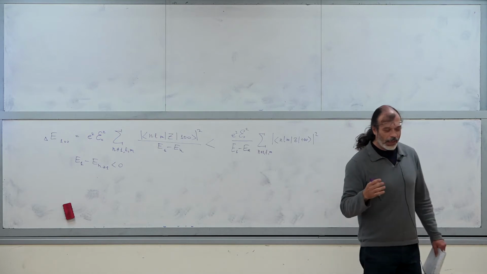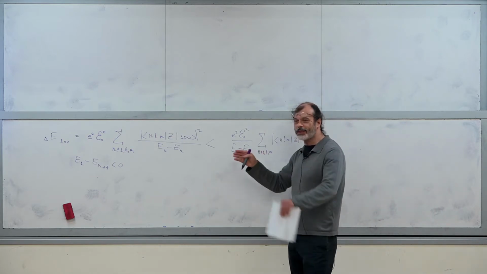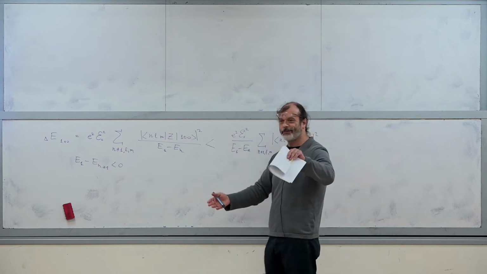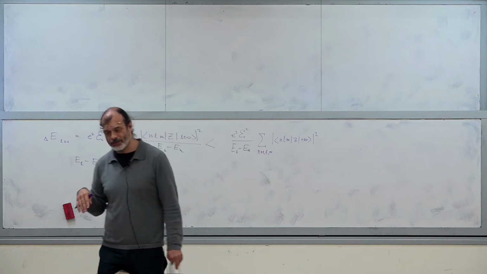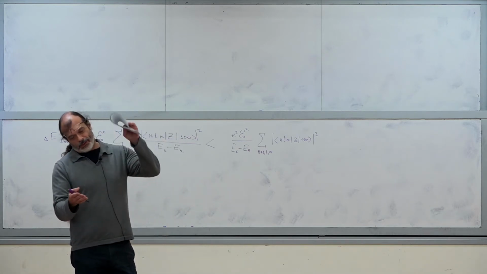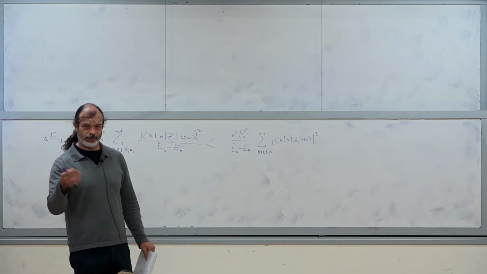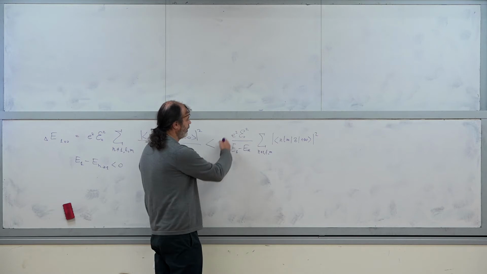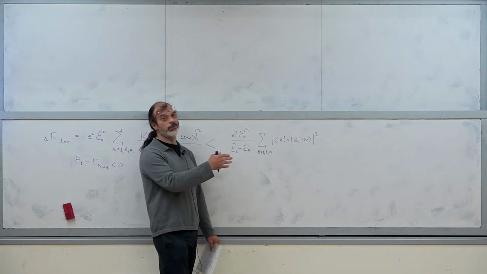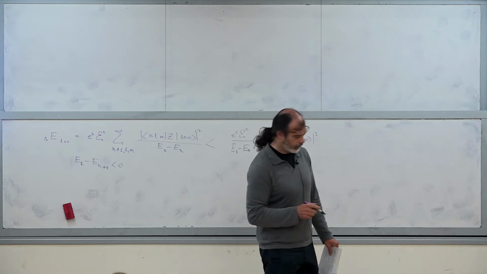And I know why I'm doing that: E1 minus E2 is essentially the largest difference, since the energy goes like 1 over n squared. This is the largest gap, and all others give less contribution. So I can imagine that this would be the most significant contribution.